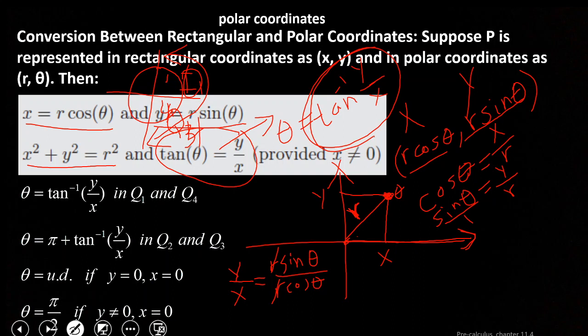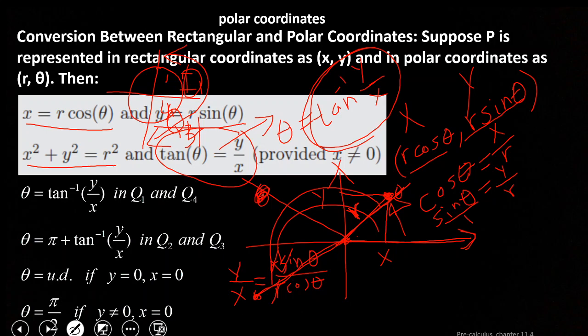But if you're over here or over here, the calculator is not going to give you the angle that you want. The calculator gives you that one instead. So whatever the calculator gives us, we have to add pi to it to get the angle that we want, if we are in this quadrant. If we are in the second quadrant, the same thing happens.